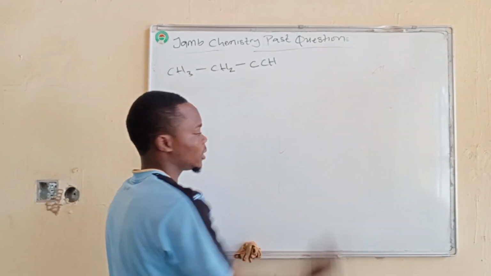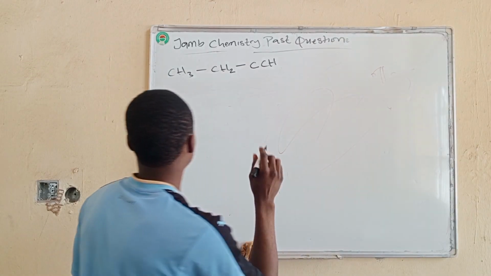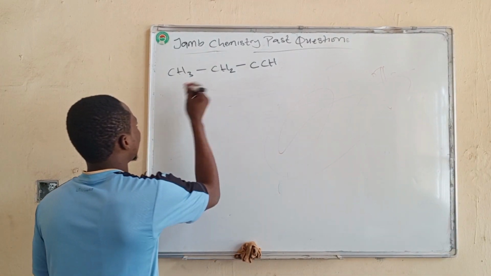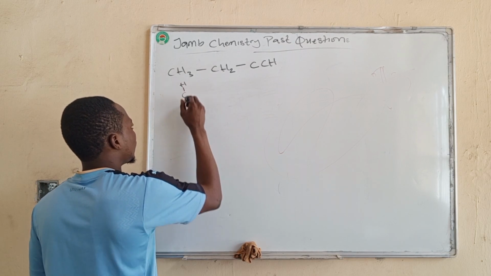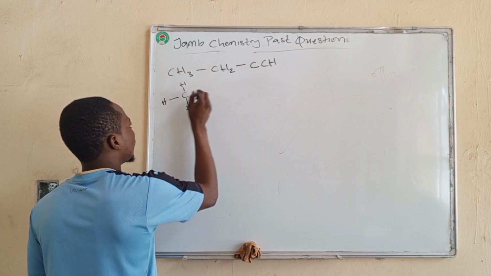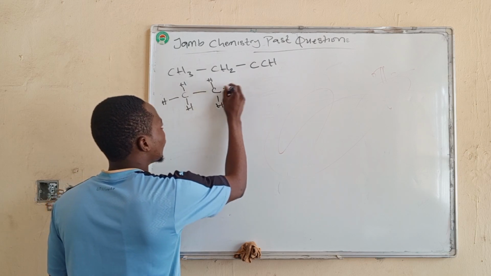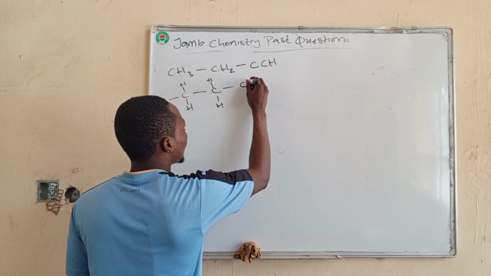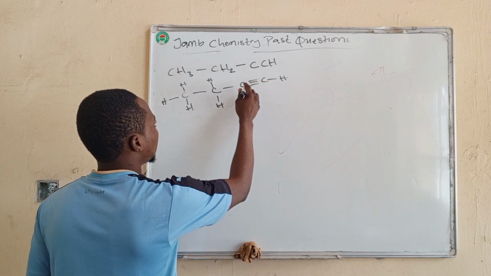So this is a compound. You are asked to find the hybridization state. So the first thing you need to do is to break down the compound. Yes, this is a breakdown of the compound.